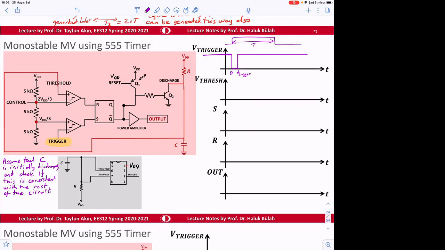Okay, so if the capacitor is initially discharged, let's say this was 0 volt initially.